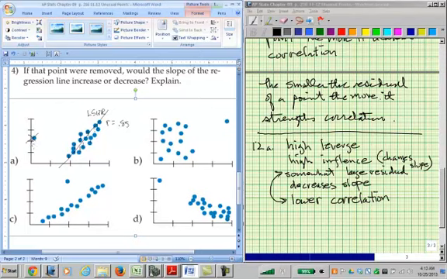Throwing in this point here, adding this influential point, if we estimate the pivot point here, that is x bar comma y bar, the center where the mean of the x and y coordinates is, then the line is going to pivot around that point like so, like that.